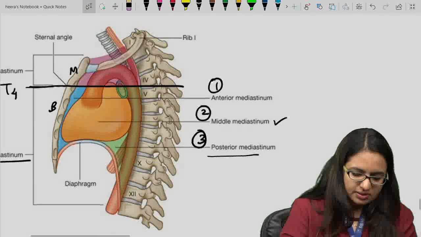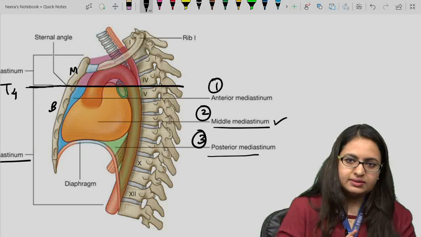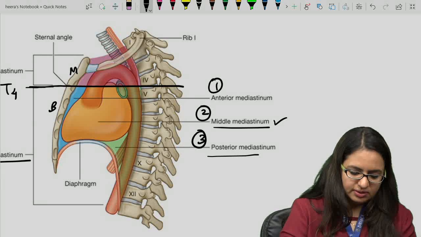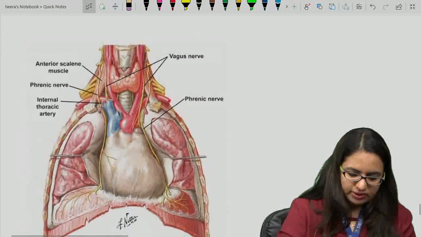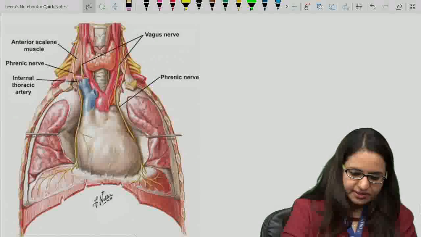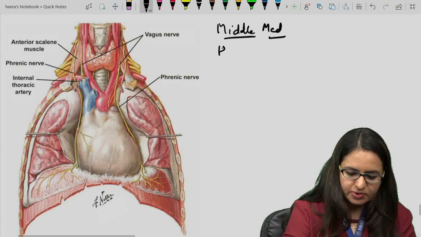And if you see, the middle mediastinum mainly has the heart and the pericardium, along with other structures. Now, if you see the picture over here, the main structures present in the middle mediastinum are the heart and the pericardium.